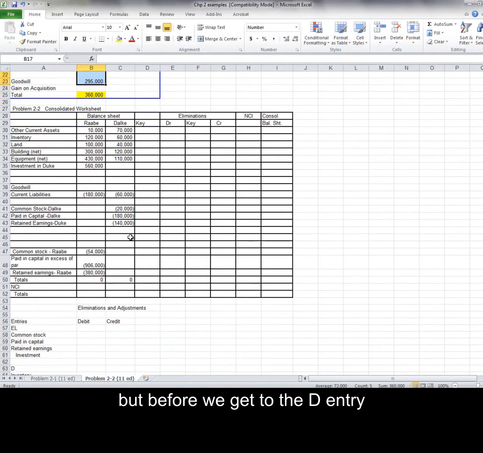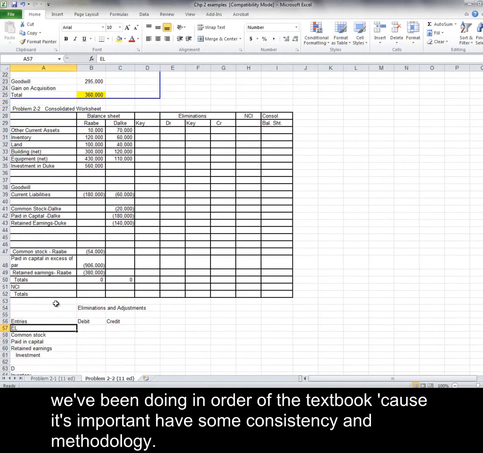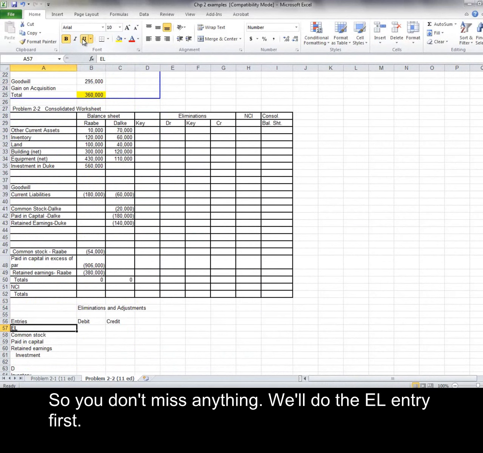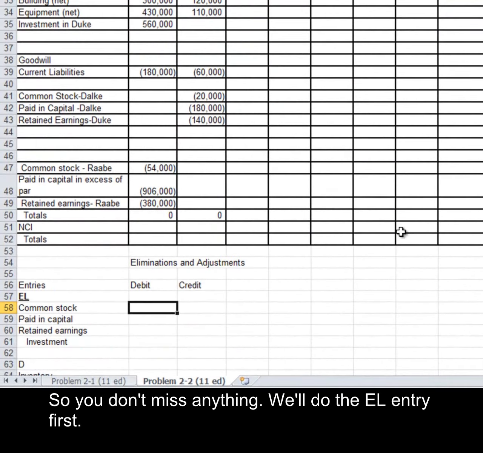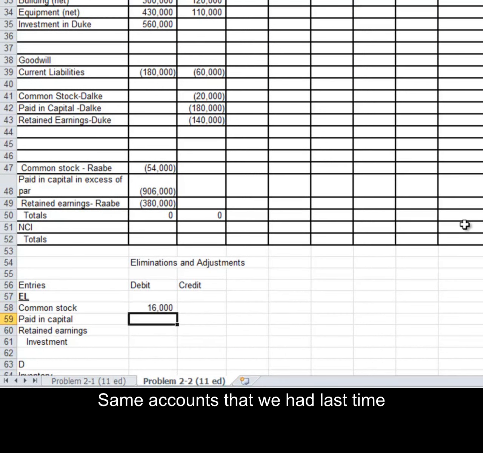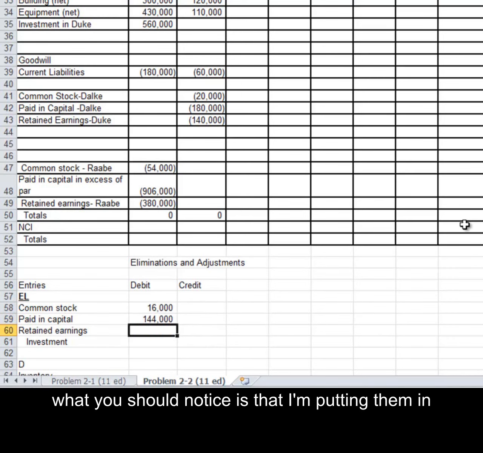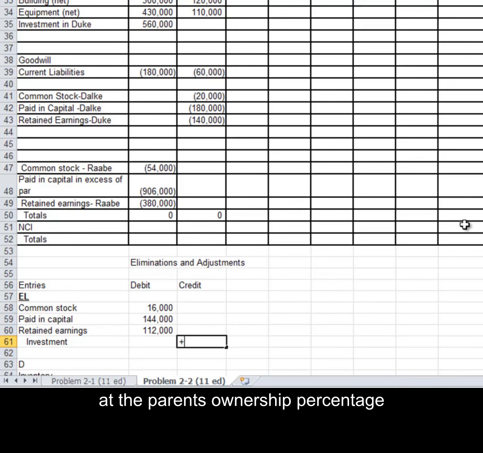But before we get to the D entry, we've been doing things in order of the textbook because it's important to have some consistency and methodology so you don't miss anything. We'll do the E L entry first. Same accounts that we had last time, but as I'm typing, what you should notice is that I'm putting them in at the parent's ownership percentage because I can only eliminate the portion that as a consolidated group I own.